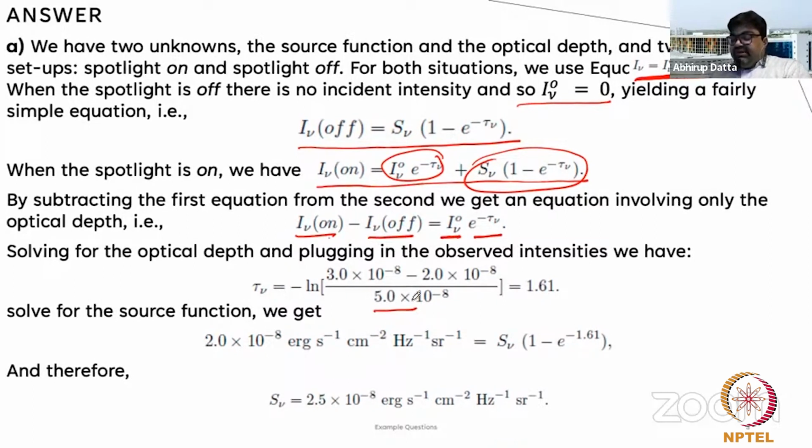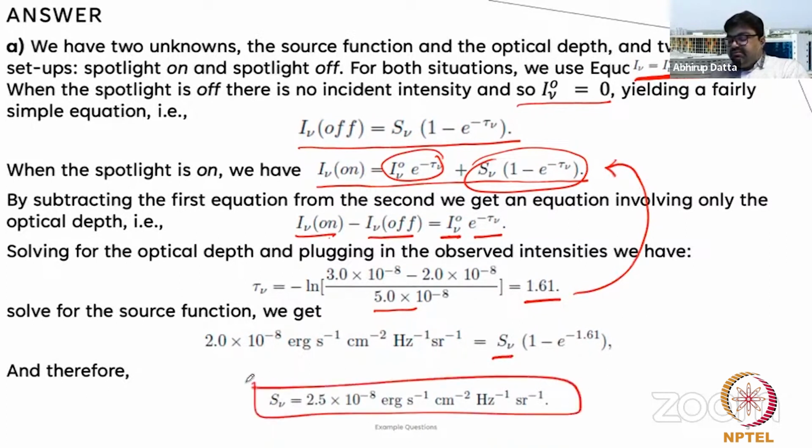If I do all those things, I finally get the value of τ_ν as 1.61. Then to solve for the source function, you put the value of τ back into this expression and you can figure out the value of S_ν, which is given by this. So that's the quick and easy part.